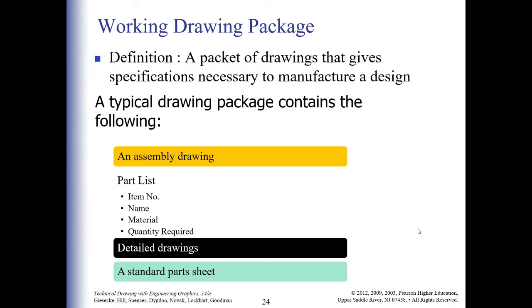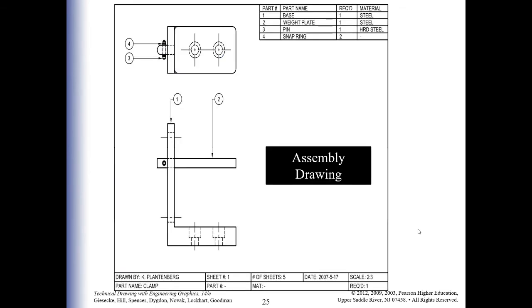In a working drawing package, a package of drawings that gives specifics necessary to manufacture a design must consist of all this information: the part list, the name, the item number, material, and the quantity required. Say you have an assembly drawing of a certain part, like this one shown in front of you.